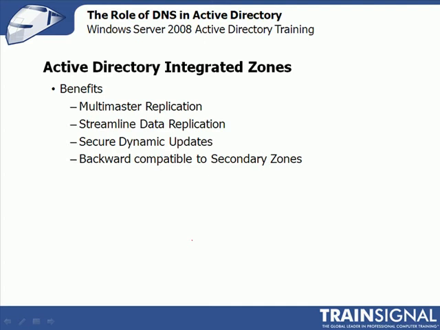If you still want to use that DNS server, you just make it a secondary read-only DNS server pointing to the Active Directory integrated zone as its primary. So as you can see here, there are a lot of benefits to Active Directory integrated zones, and it is recommended that you use them anywhere possible.